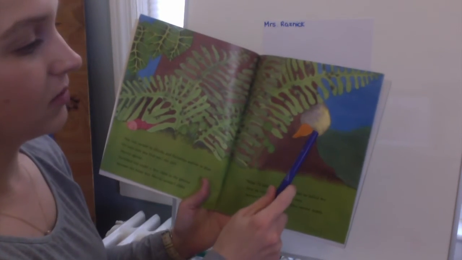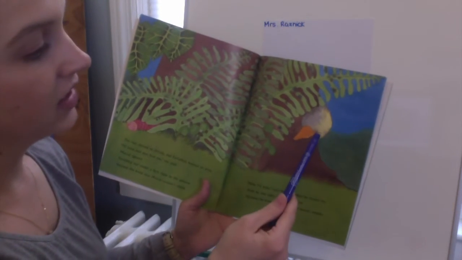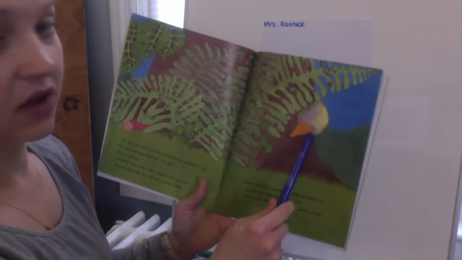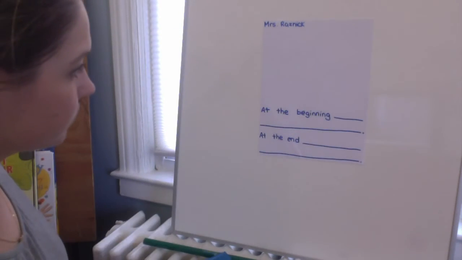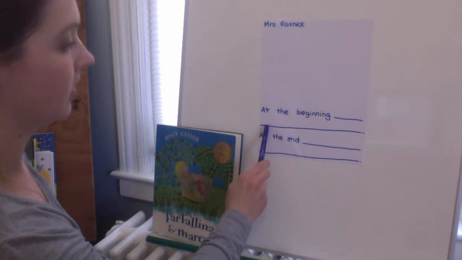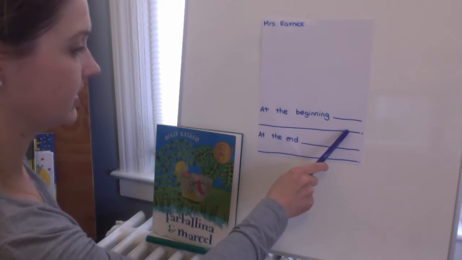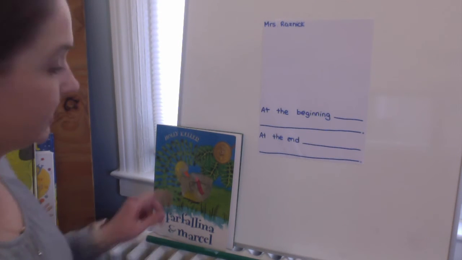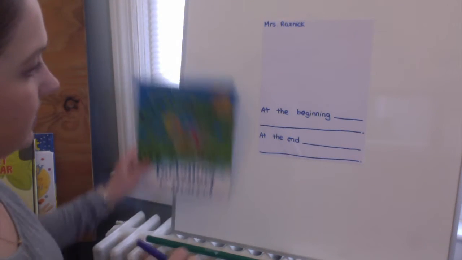So I want to write about Marcel. He was my favorite character. So I'm going to say that at the beginning, Marcel was a gosling. I'm going to borrow the spelling of Marcel from the front of the book.